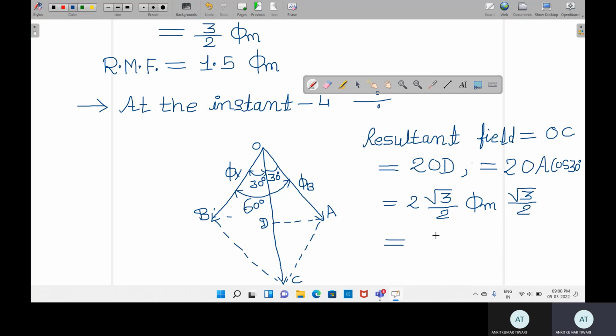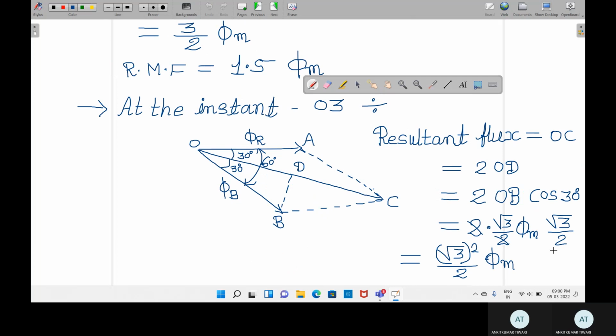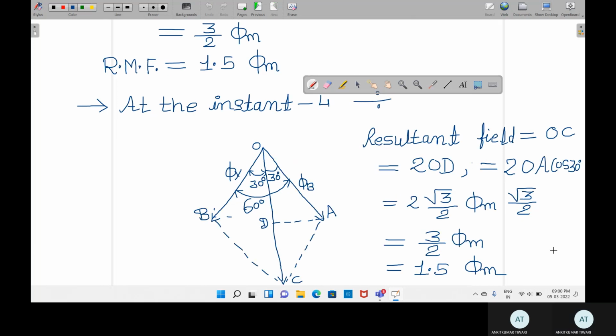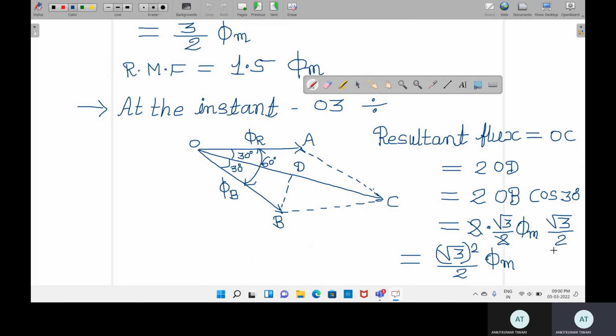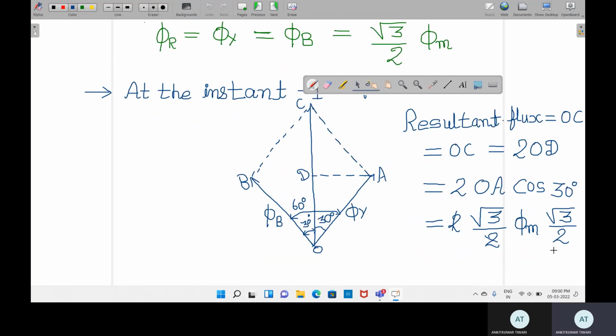If you solve it, it will be 3 by 2 phi m, which means 1.5 phi m. So we have seen that from the instant 3, instant 4 represents that the OC vector has been shifted another 60 degrees. So we observe the instants from 1 to 4.